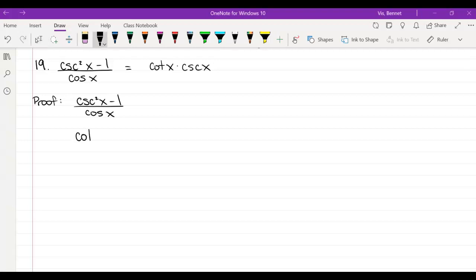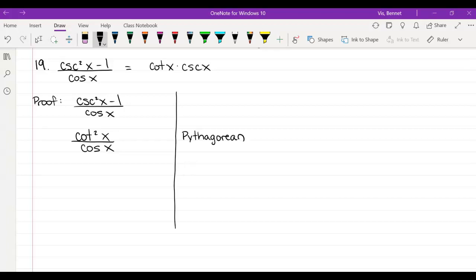So immediately, I think Pythagorean property because of that cosecant squared minus 1, and I'm going to write that there and justify it by saying that's the Pythagorean property that lets me say that.